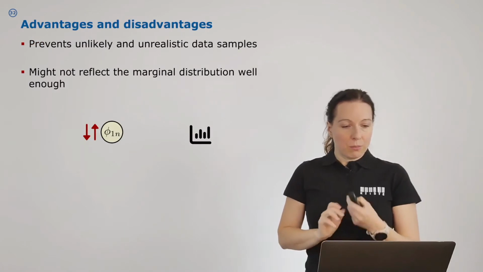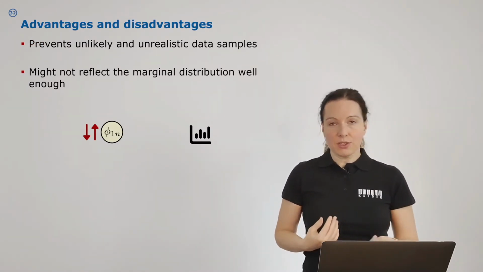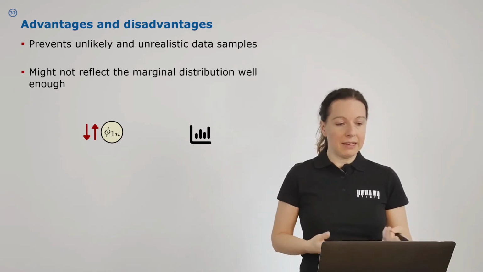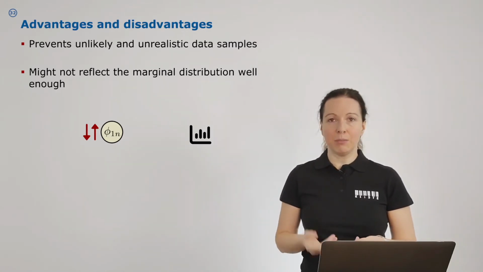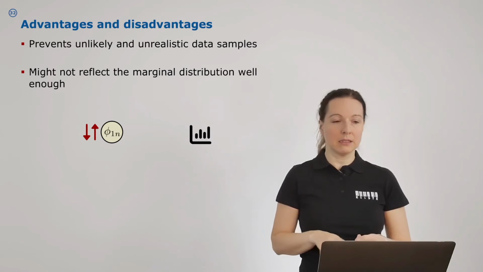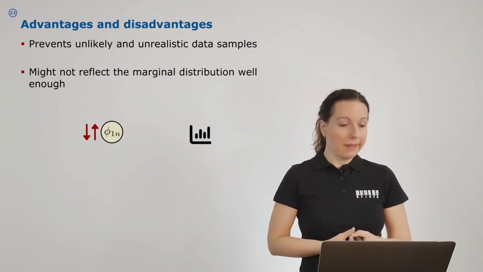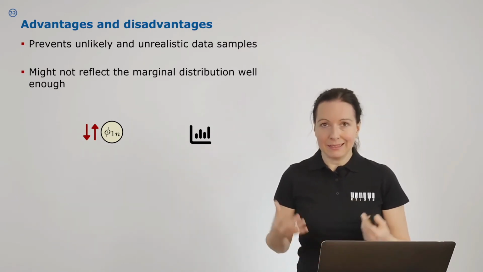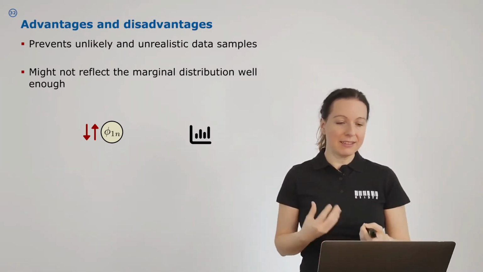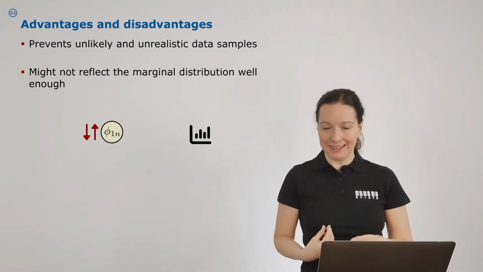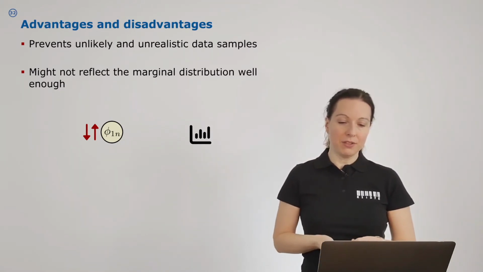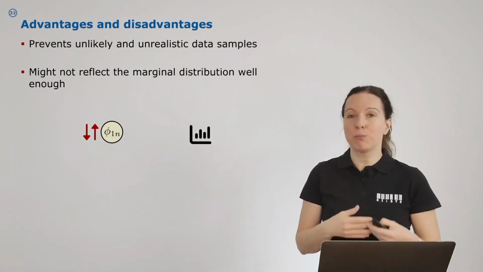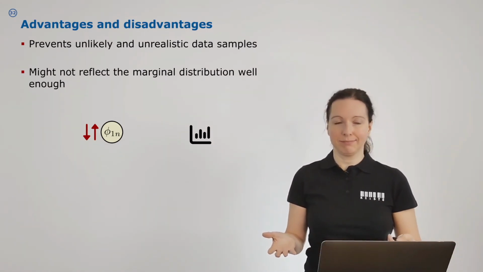To briefly mention the advantages and disadvantages: first of all, it prevents unlikely and unrealistic data samples, even if you have correlated features. But again, unrealistic samples are anyway a bad sign, since this happens when features are correlated, and constellations get unrealistic when you break the correlation.